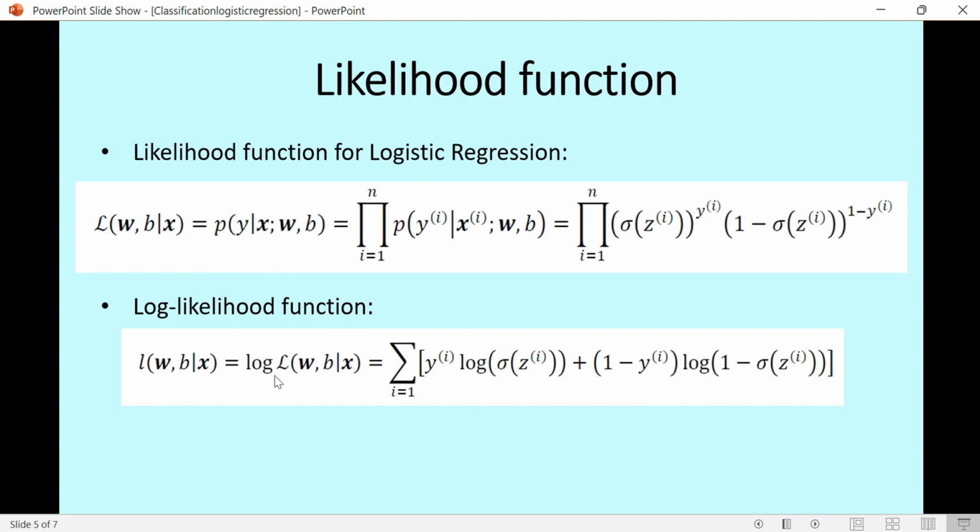The logarithm of this likelihood function is called the log likelihood function. It actually transforms the product into a summation. So from 1 to n, for each sample we have these two terms summed together.